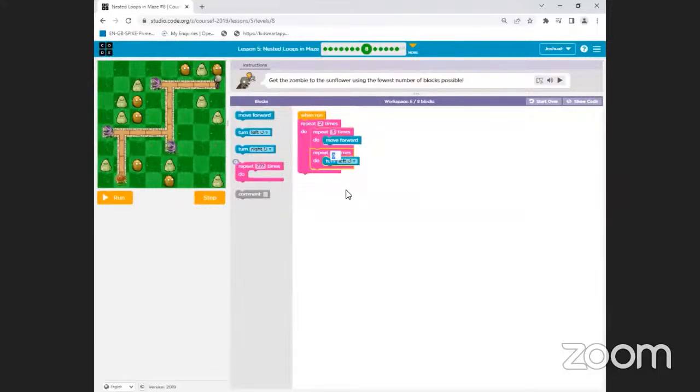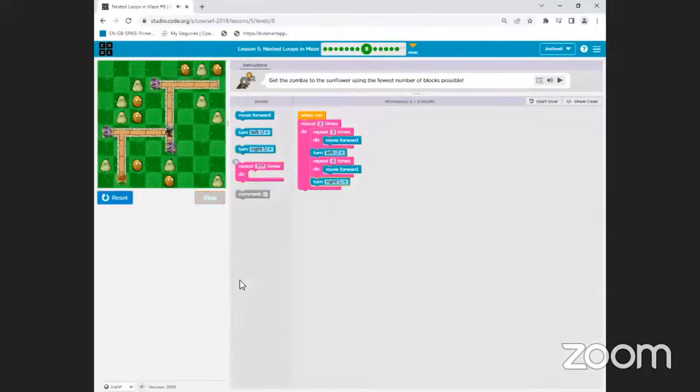So I have 2 blocks left, so I should be using 2 other blocks. So I think I'm going to put turn left here, another move forward, and then a move right so that it gets me back on track. Brains. And it's now working.